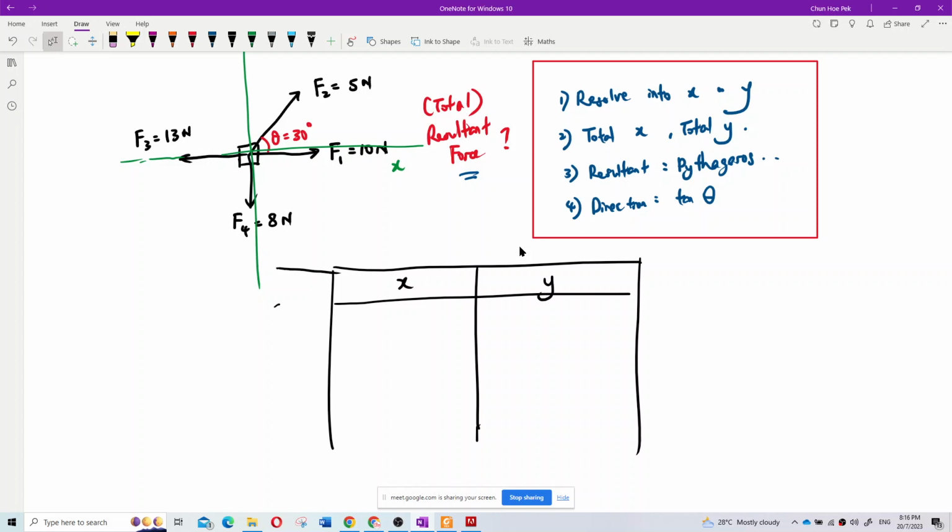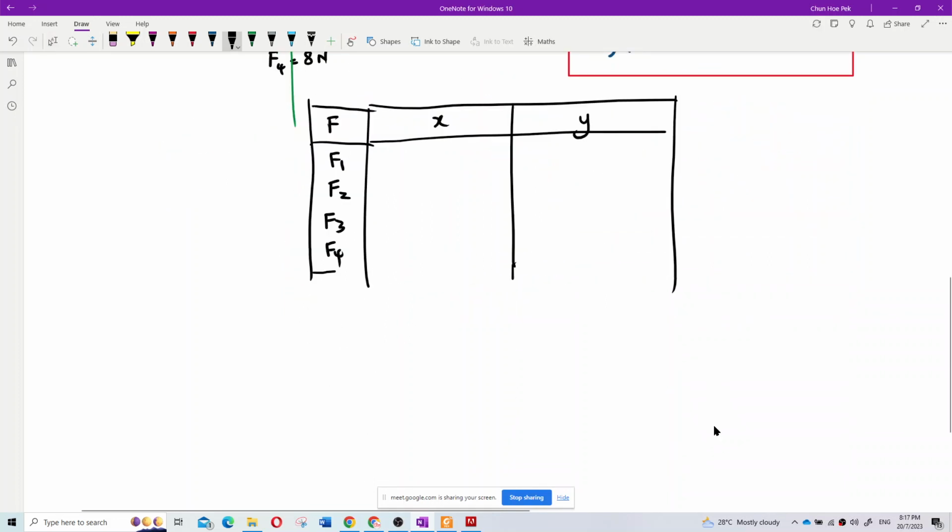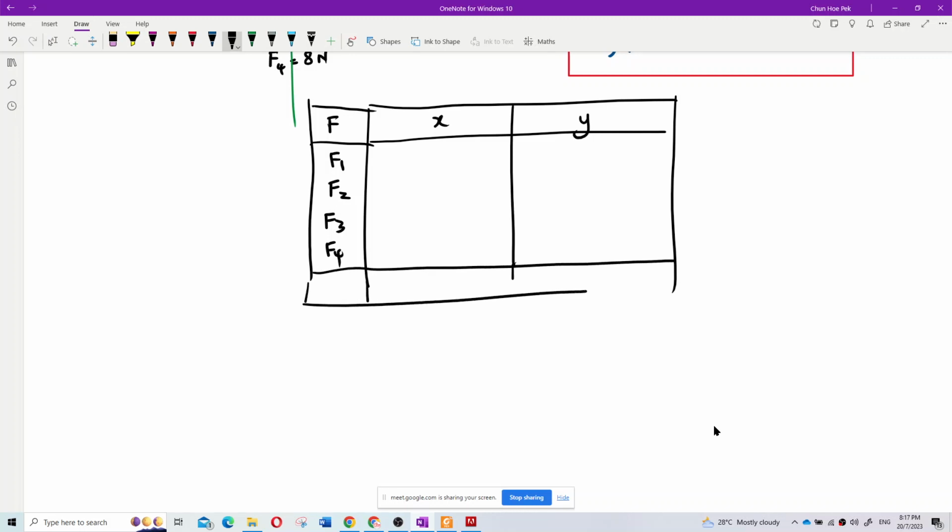So this is all the forces. Here we have F1, F2, F3, F4. Understand, class? And then finally below is the resultant force, the total F.